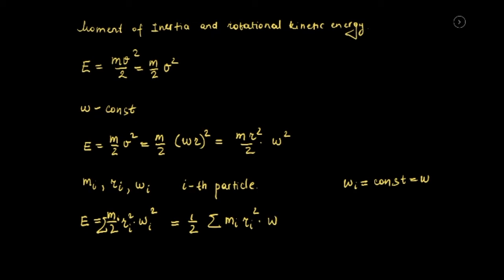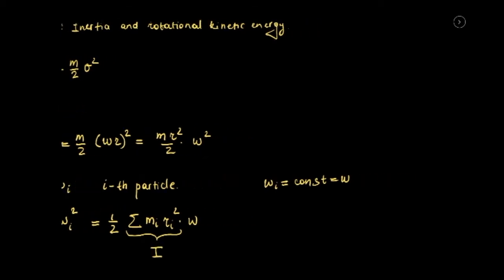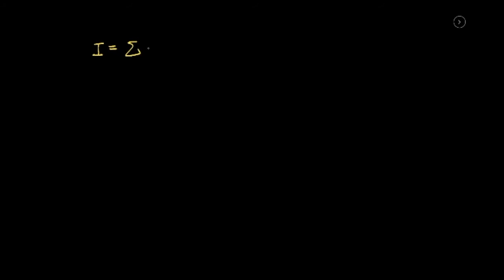To do so, we have to denote this with some letter. Let's call it I. This I, which is equal to summation mi ri squared, is called the moment of inertia.